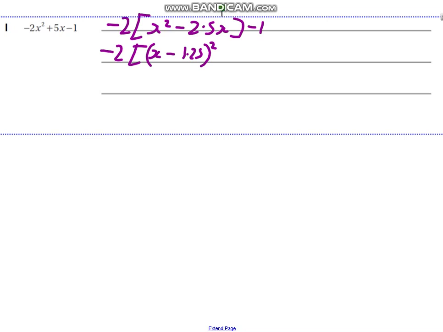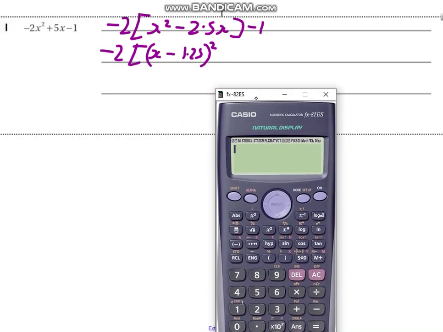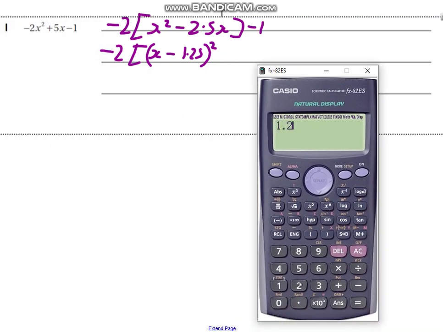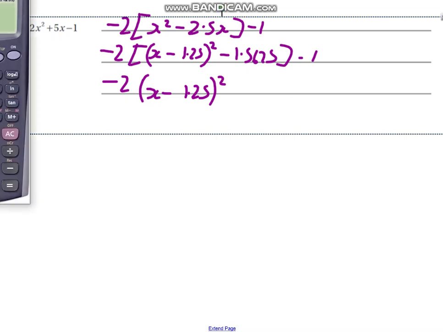I must confess I don't know what 1.25 squared is, so calculator time. 1.5625. Okay, so that's going to be minus 2 times x minus 1.25 brackets squared, times that by 2. I think the calculator might be coming back.